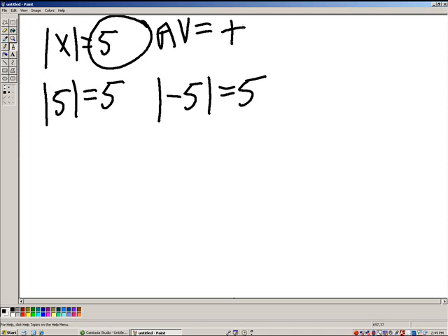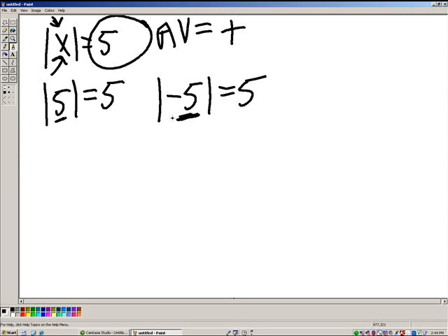But the value inside the absolute value sign can be either positive or negative. There's no restrictions on that. And when we're solving an algebraic equation, the value inside the absolute value sign is what we're trying to find. So we have to account for the possibility it could be positive or negative.